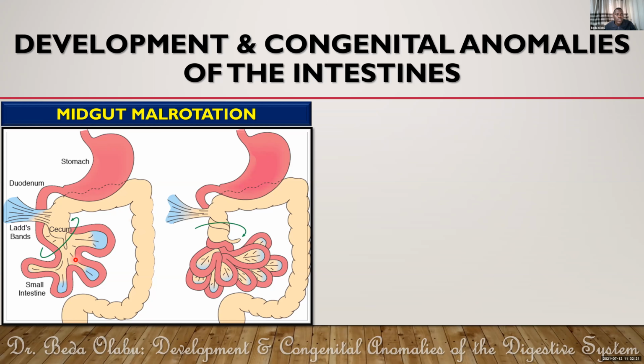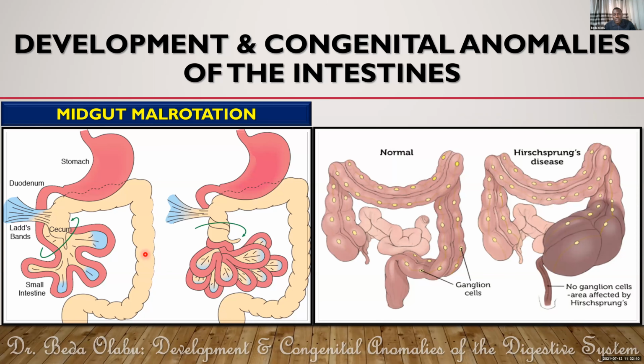Usually the small gut will be on the right side and the large gut on the left side, as opposed to the small gut being central in the abdomen and the large gut being peripheral in the abdomen, as we agreed from our gross anatomy lectures. You expect the large gut to be peripheral and the small gut to be central. So that's the normal one. So if you have large gut on the left and small gut on the right, it means there's a problem with the rotation.